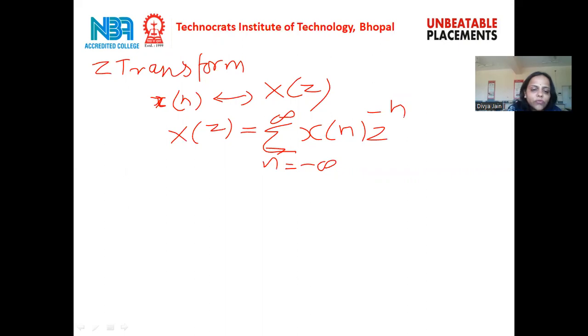Some other kinds of transforms are Fourier transform, Laplace transform.